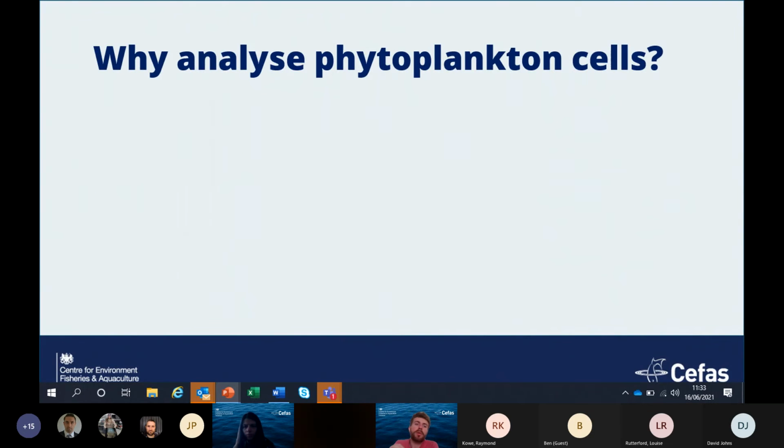So, why would you want to analyse phytoplankton cells with microscopy? They form the basis of most marine food webs. They're pretty fundamental to any marine ecosystem. Phytoplankton provide oxygen for the environment. You may have heard statistics.